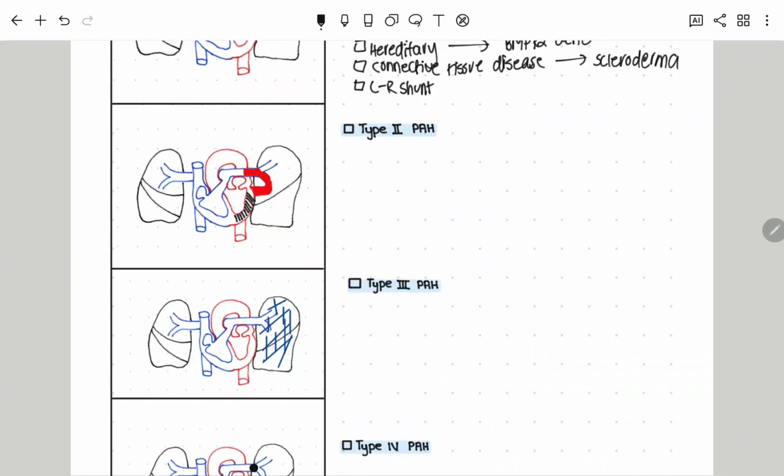Now, type 2 pulmonary hypertension is basically pulmonary hypertension again that occurs secondary to left-sided congestive heart failure.